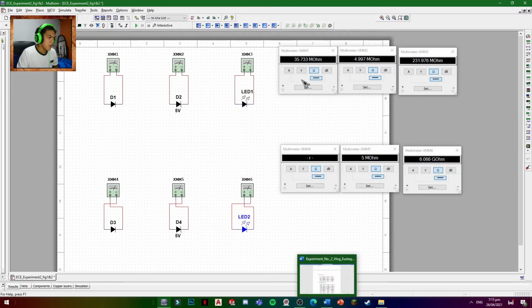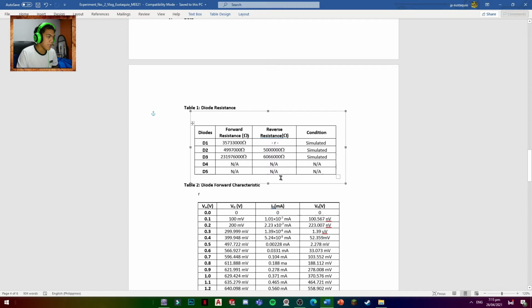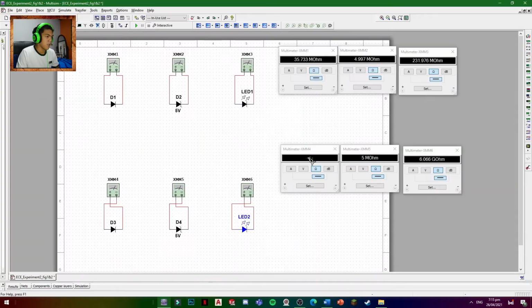After collecting the data from the multi-simulator, I input it here in Table 1. In diode D1, the value is 35 megaohms, and in D2, the value is 4 megaohms, as you can see here, 4.997.